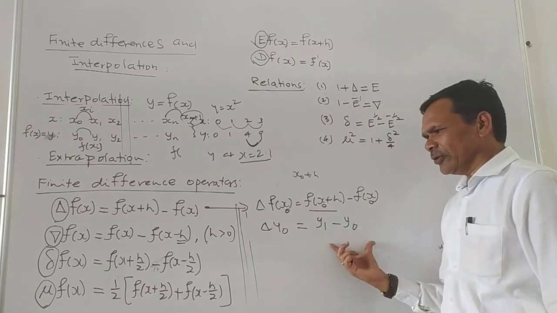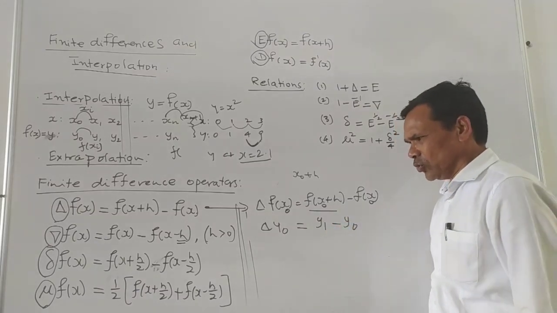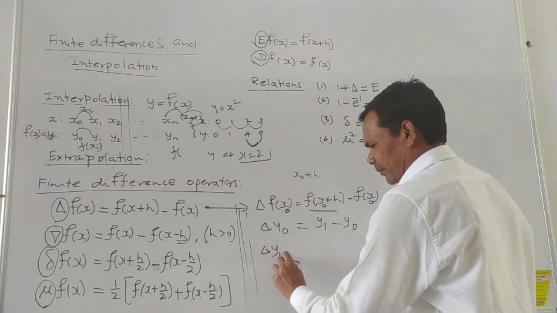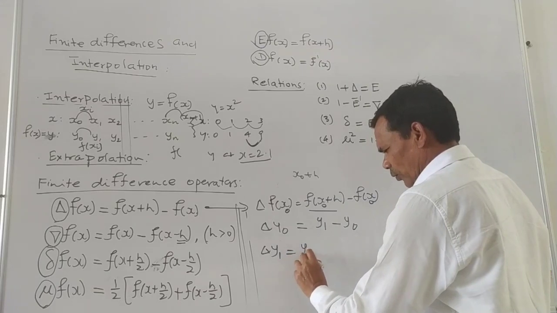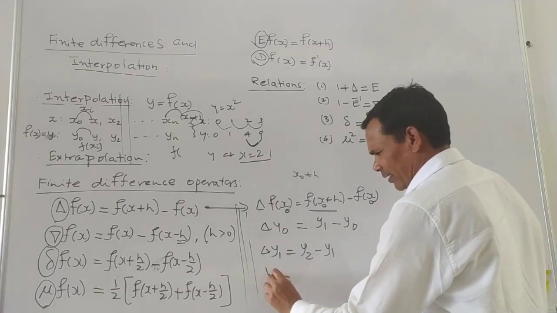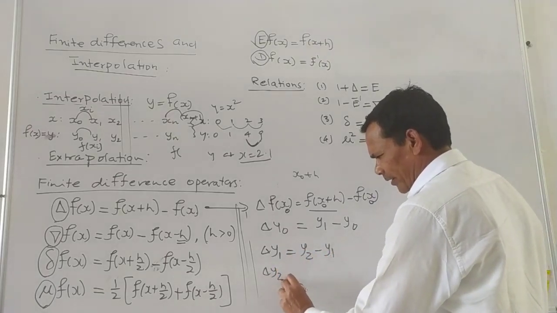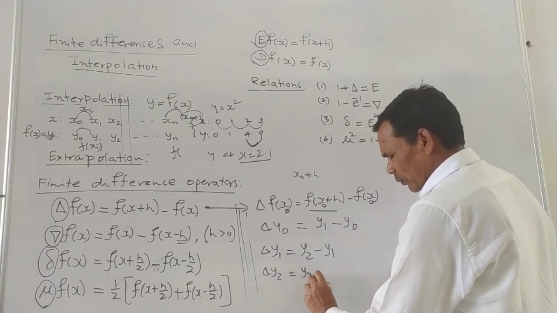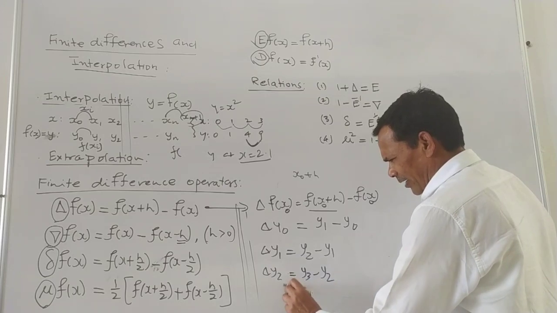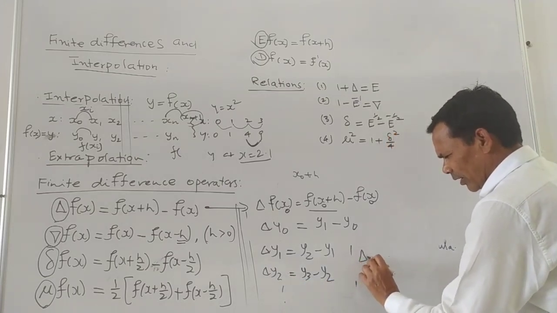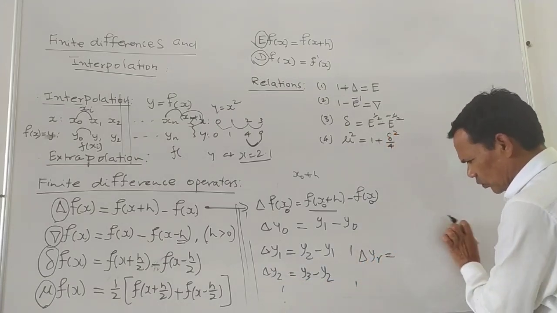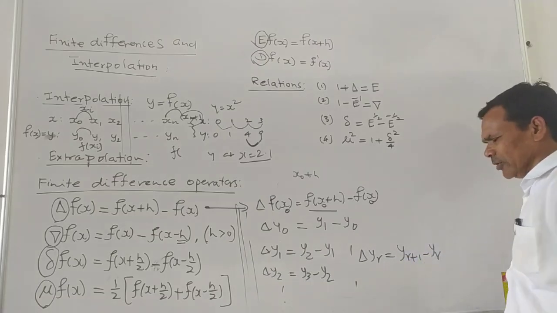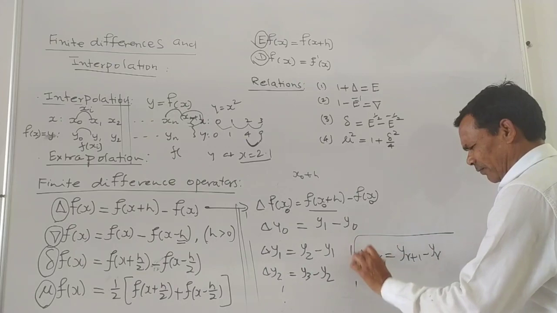Sometimes this is the way the operator is defined. Similarly, delta y1 is equal to y2 minus y1. It's very clear: delta means the forward difference operator. Delta y2 is y3 minus y2, and so on. You can write delta yr is equal to y(r+1) minus yr. This is the generalized form.